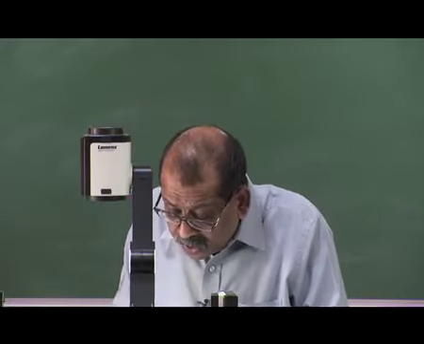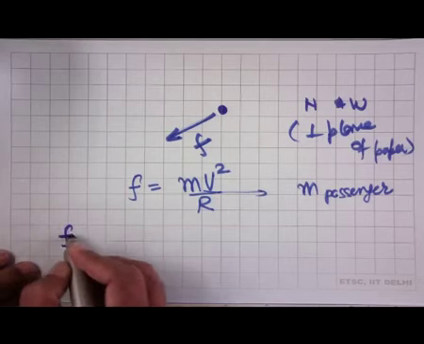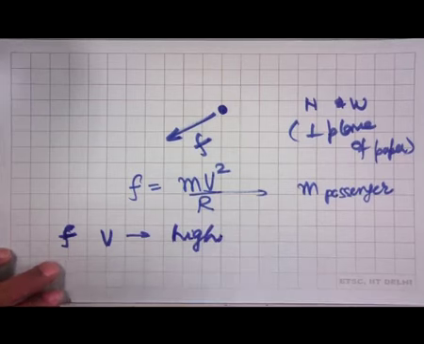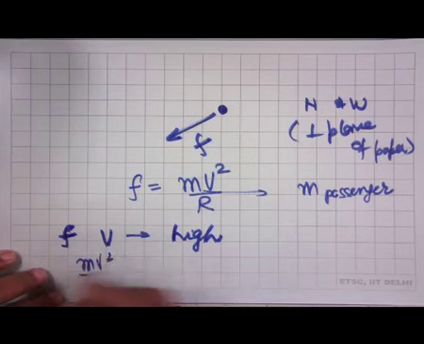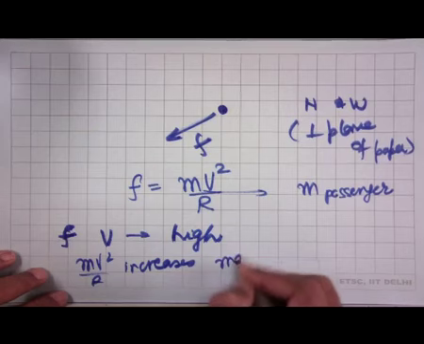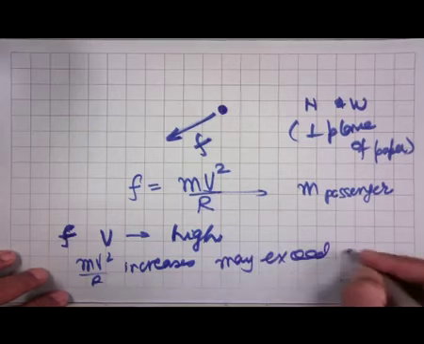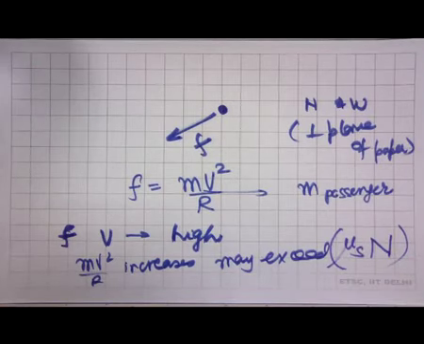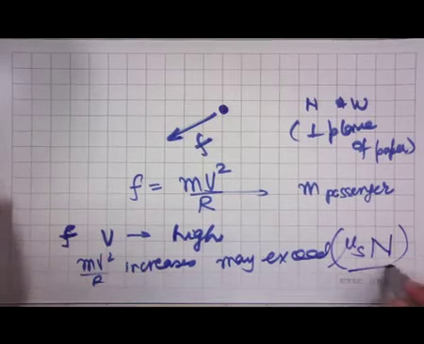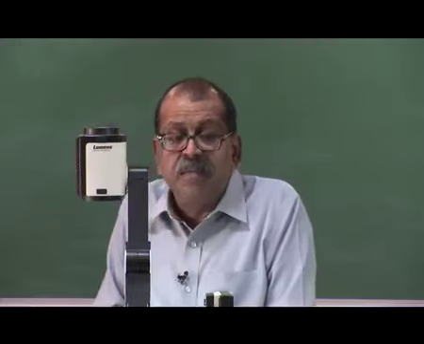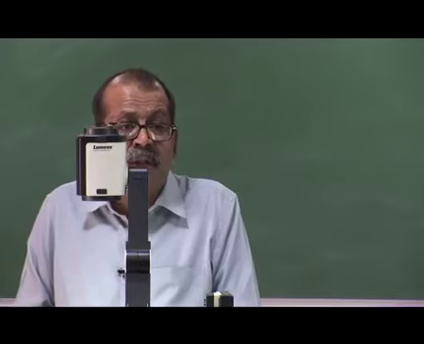Now, if the velocity of the car is high, then mv square upon r increases, and this may exceed mu s n, which means that friction force will not be able to stop the relative motion of the body.